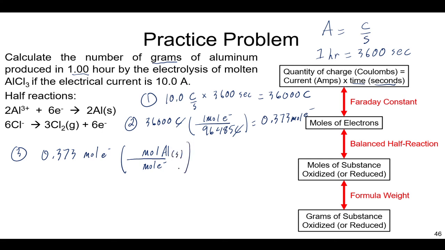Right, solid aluminum. Now, from the balanced equation, there are 6 electrons for 2 solid aluminums. So it's 6 moles of electrons to 2 moles of solid aluminum. Carrying out this 0.373 times 2 divided by 6, I get 0.124 moles of aluminum.